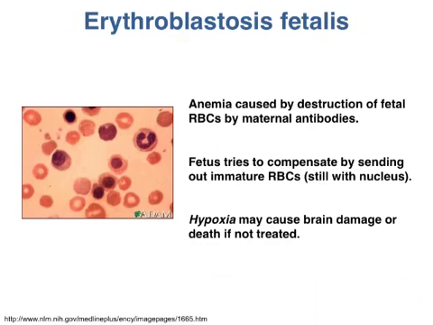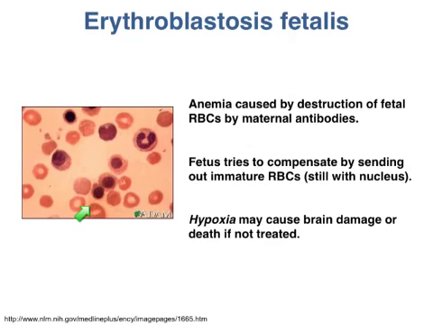Erythroblastosis fetalis is also sometimes called hemolytic disease of the newborn, and it's an anemia caused in the fetus, in the infant, because the mom has antibodies that are destroying that infant's red blood cells. The fetus tries to compensate by sending out immature red blood cells, like the ones you're seeing there. They still have their nucleus, so you can tell they're immature.